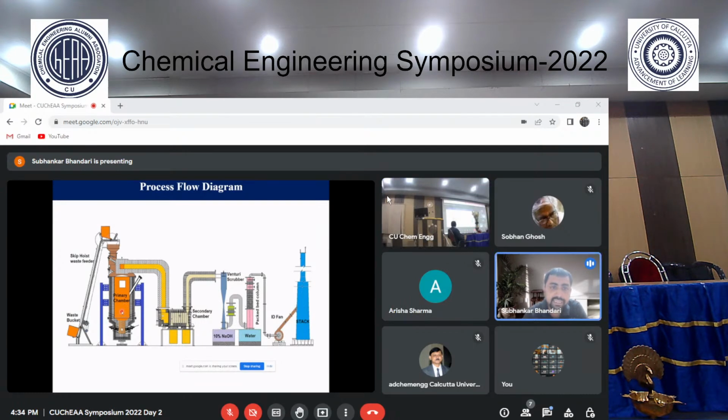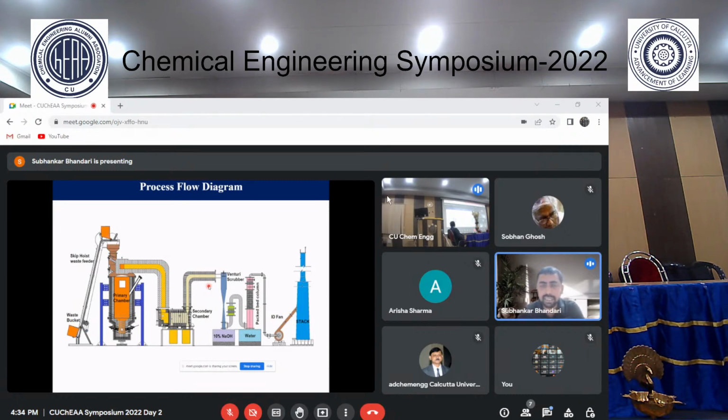If we run in gasification mode, more syngas will be produced from the primary chamber, and then the syngas will be combusted in the secondary chamber, and then the off gases will be passed to the quencher cum Venturi chamber. This is very important off gas processing equipment.